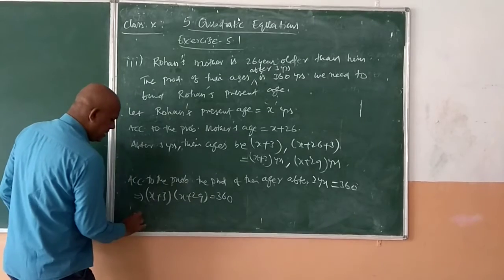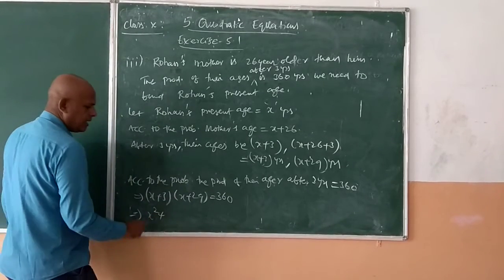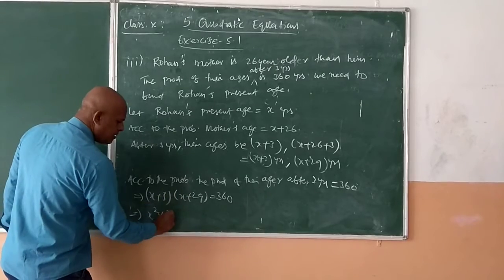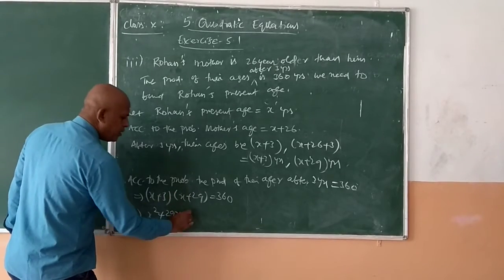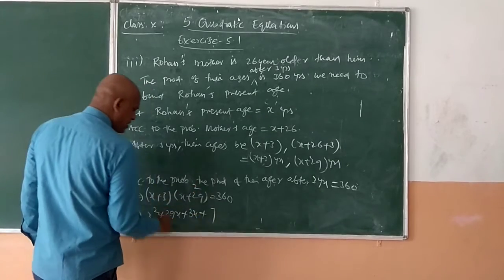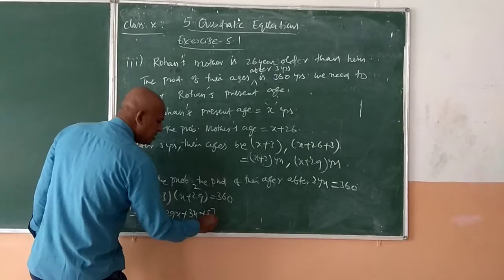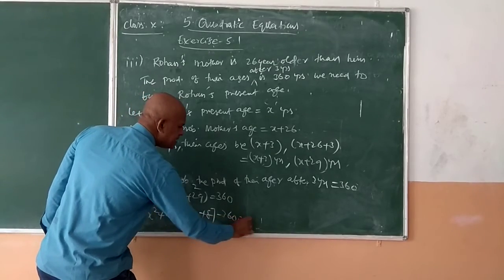Let us multiply here now. x into x, x square. x into 29, 29x. 3 into x, 3x. 29 into 3: 9 threes are 27, 3 twos are 6, 6 plus 2 is 8, 87. 360 being on this side, minus 360 is equal to 0.